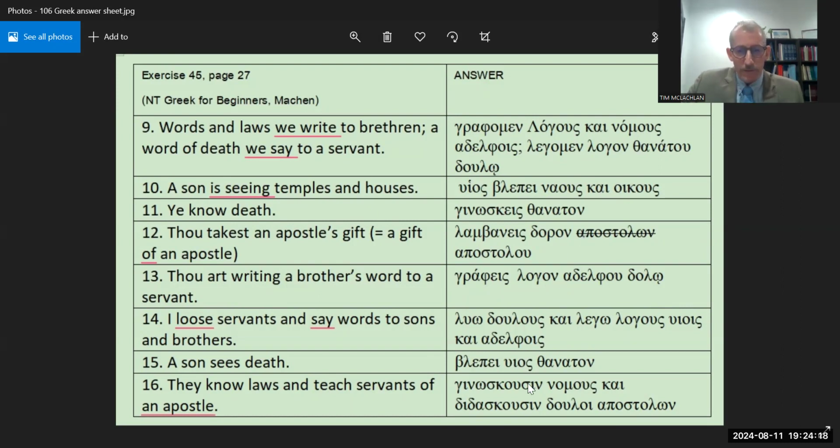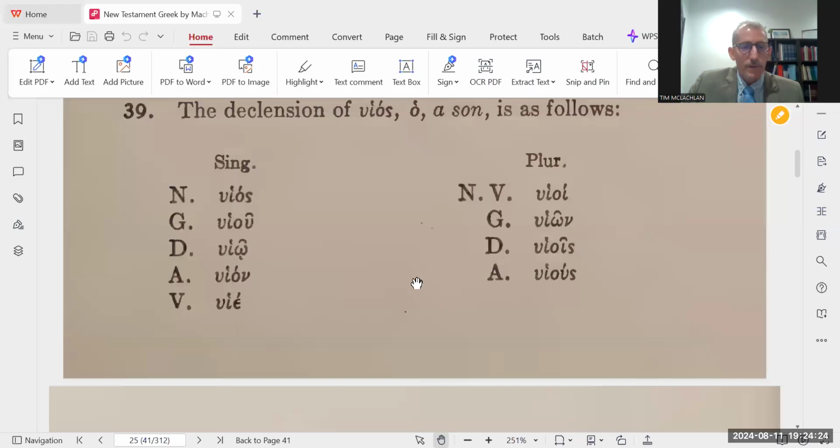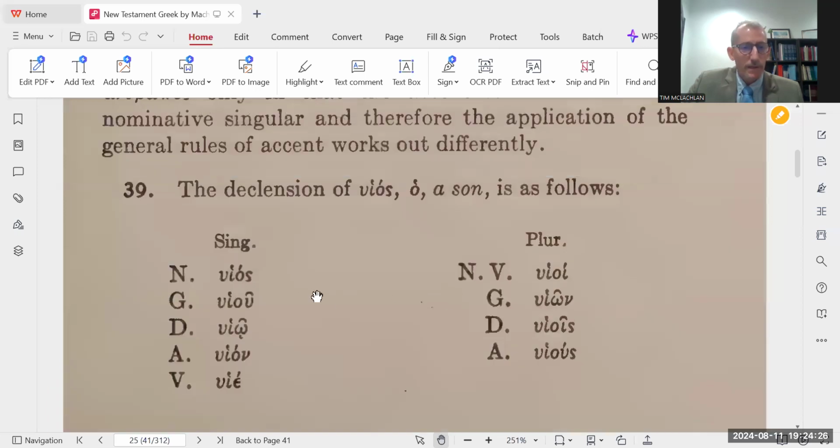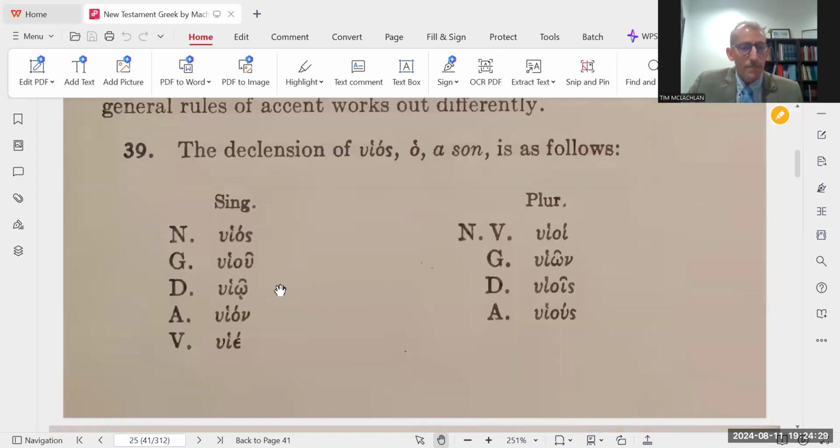I'll just go back to the book. Where do I have the book here? Here. Okay, now we had the word logon. This is the same declension as the word son. Logos would be singular in the nominative, but when you come down to here, you see the omicron nu.